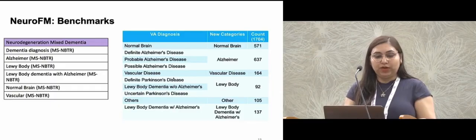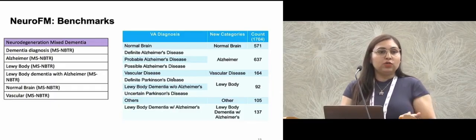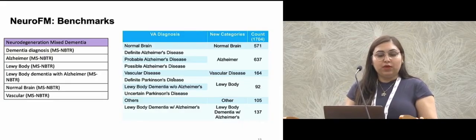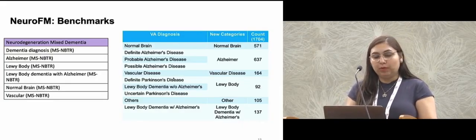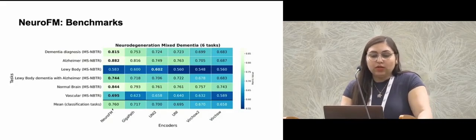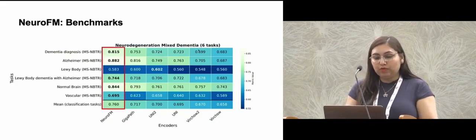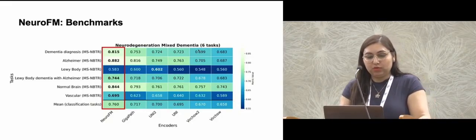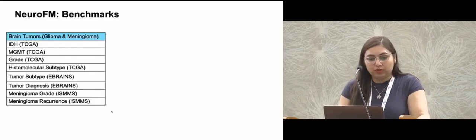For example, here we looked at Alzheimer tissue slides versus others, and we tried to see how the model compares to other general purpose pathology foundation models. So in all these tasks also we saw that NeuroFM outperformed other general purpose foundation models. And when we looked at the mean AUC for all the tasks that come under neurodegeneration mixed dementia, there also we saw that NeuroFM did better in comparison to other pathology foundation models.